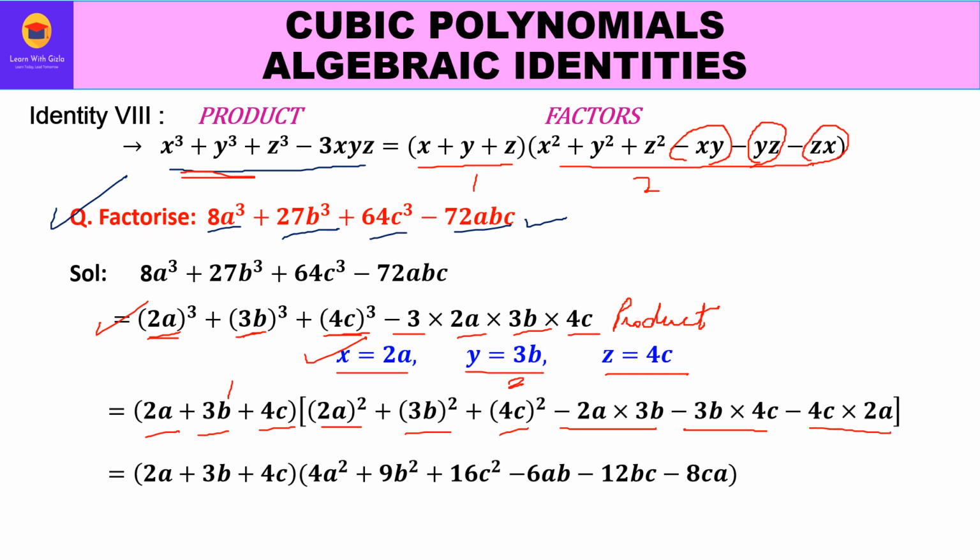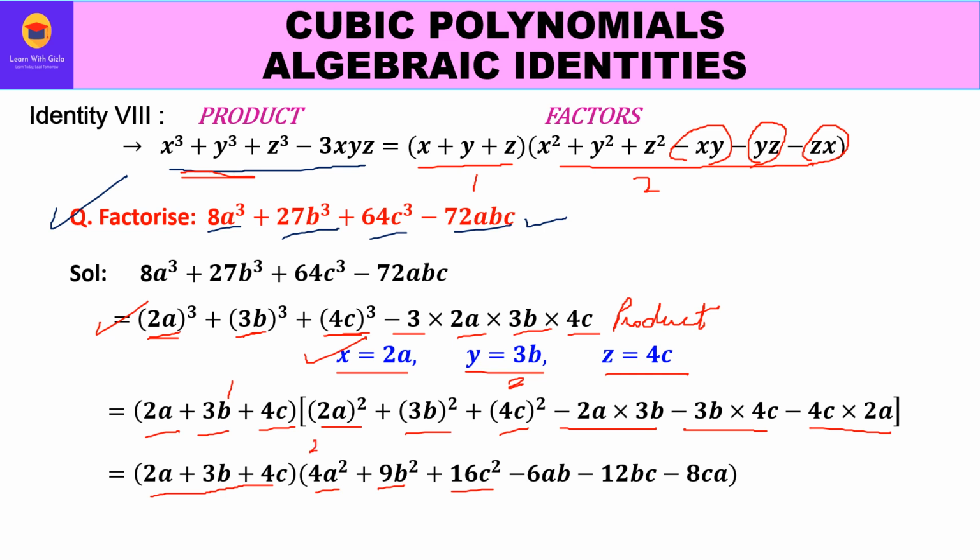Now further simplify it. So first factor 2a plus 3b plus 4c as it is. 2a whole square is 4a square, 3b whole square is 9b square, 4c whole square is 16c square. Make sure that when you are writing whole square of a certain term, you have to square the coefficient also.